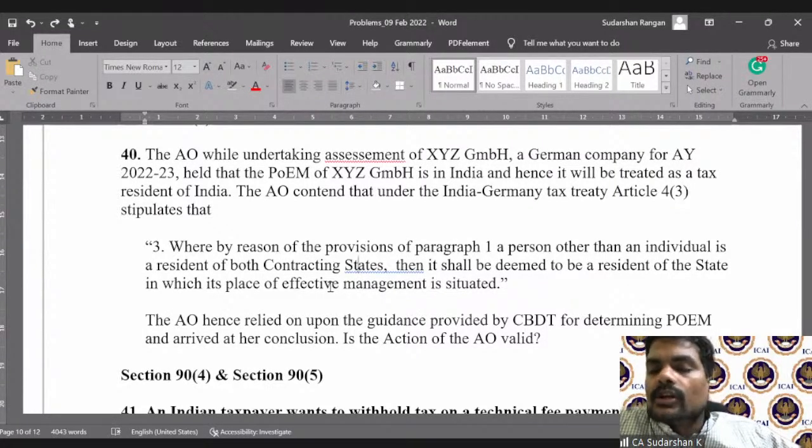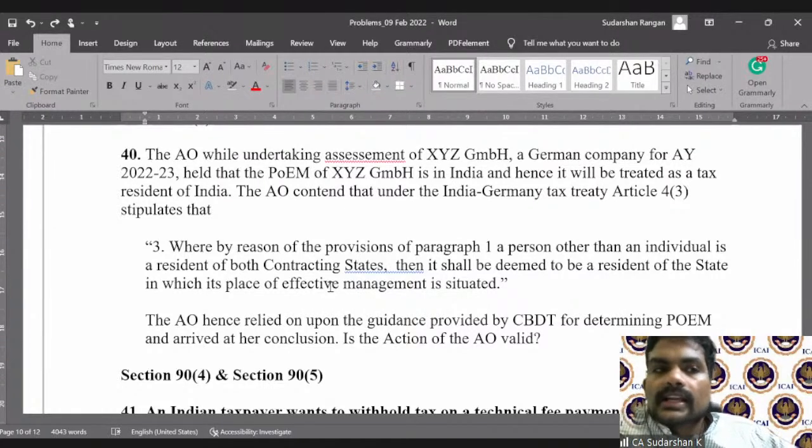Normally, foreign tax credit will only be given by the resident country because that is where your worldwide income is taxed. So therefore, you can be a resident only in one country. If you are resident in both the countries, then the tax treaty has something called a tiebreaker clause, similar to your tennis tiebreak. When you are at 6-6, the winner will be determined through a tiebreaker. Similarly, the tax treaty has a tiebreaker clause.